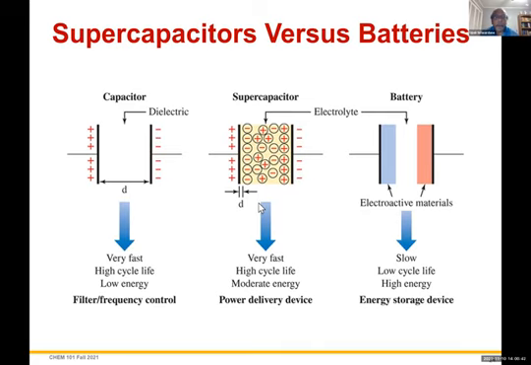They are low energy, with a higher life cycle, so they can be recharged many times very quickly. Supercapacitors also have high cycle life and moderate energy, so they have more energy and more electrons are transferable than in regular capacitors. On the other hand, batteries are slow to charge and have low cycle life.